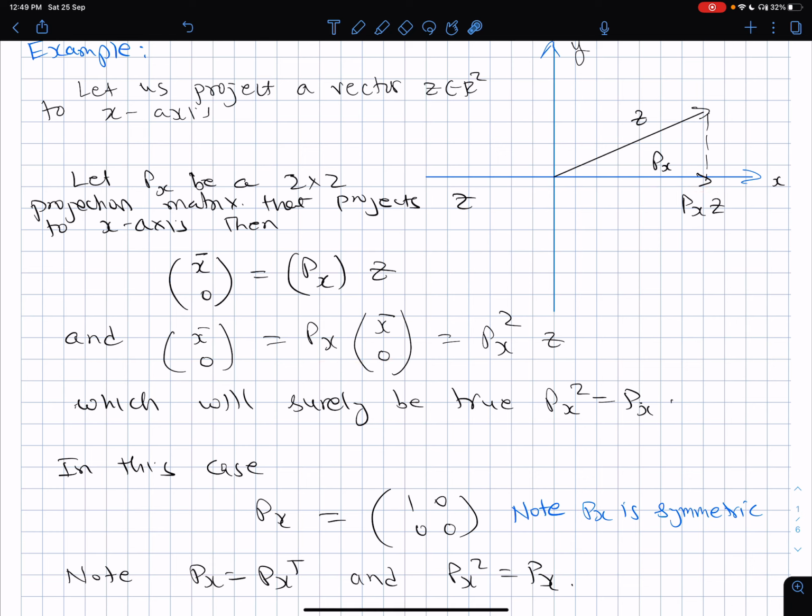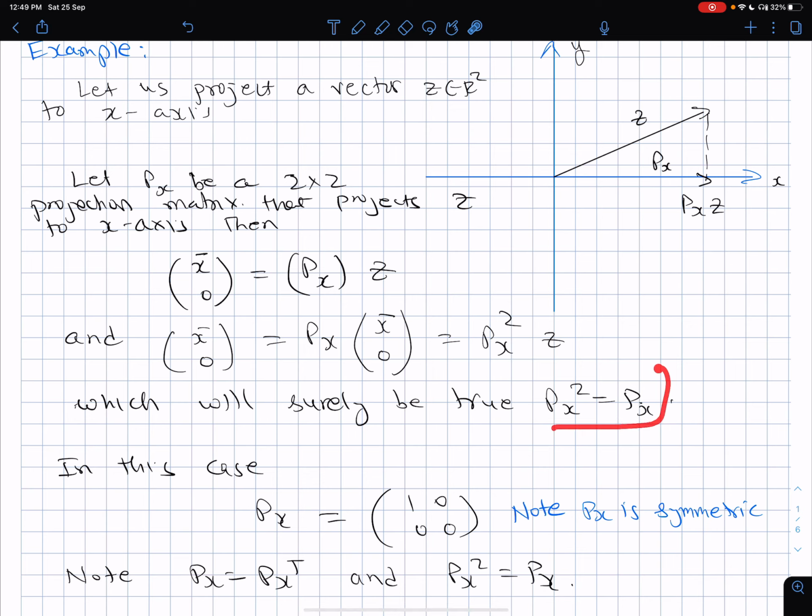So after doing one round of projection, if I pre-multiply this already projected vector by Px, I'll get the same vector again, which will surely always be true if we have this simple property that Px square is equal to Px.